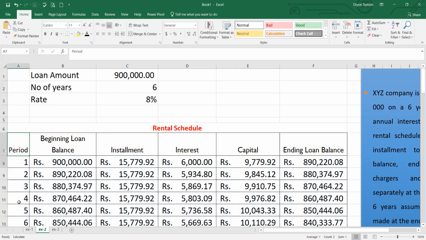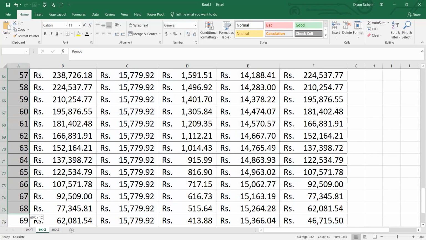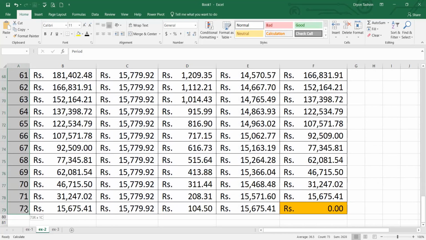I'm going to select the period, which is my X. Then I'm going to put my interest.